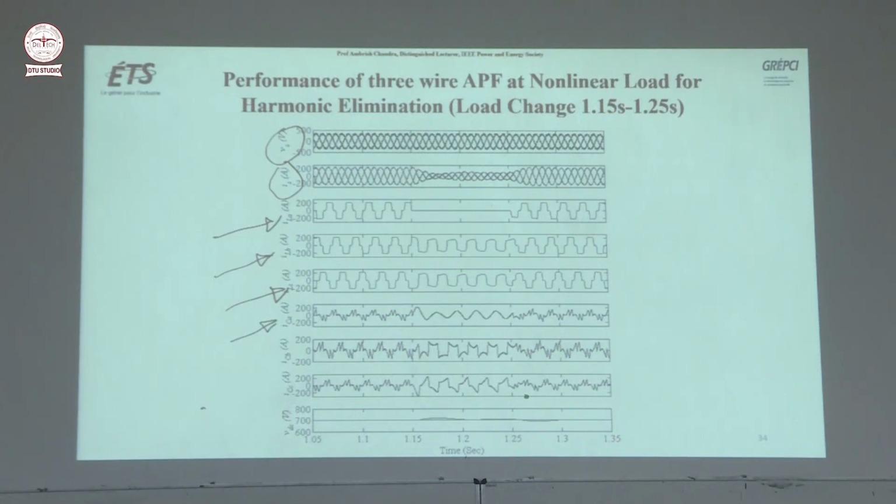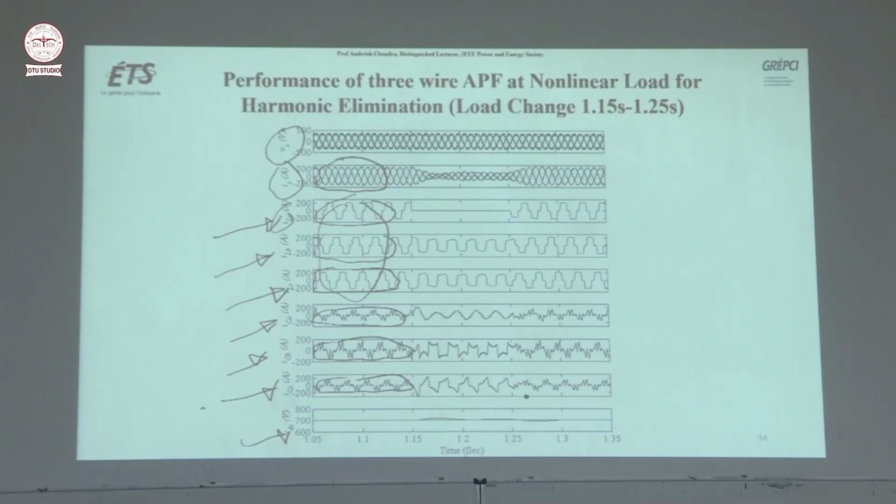And these are the active filter currents for phase A, phase B and phase C. And this is the DC link voltage. If you see the loads for phase B, phase A, phase C, and the compensator currents for phase A, phase B and phase C, they are compensating for this non-linear load so that the source current is sinusoidal.